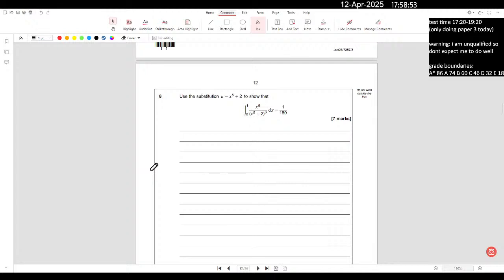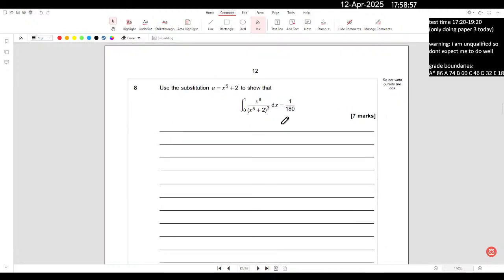Okay, question 8, substitution. I don't really know what to do here. How do you do this?